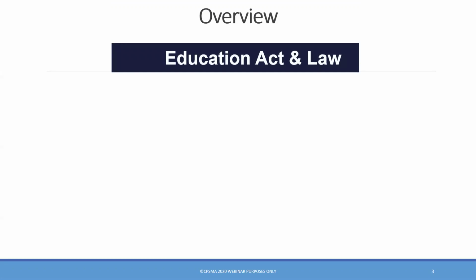This slide gives an overview of where the Board of Management sits within the governance structure. The Education Act of 1998 is the key piece of legislation that governs the provision for the education of every person in the state, including any person with a disability or who has other special educational needs.